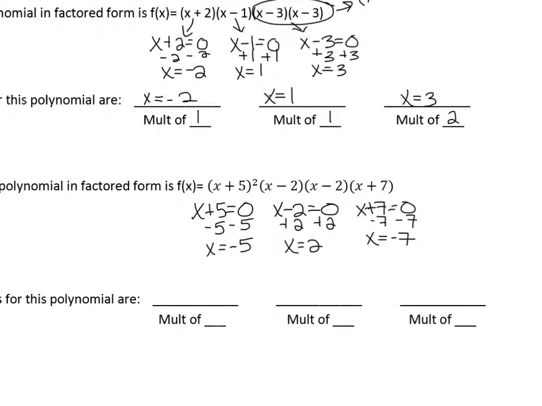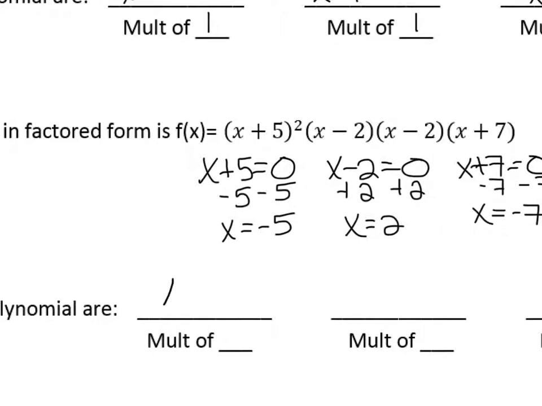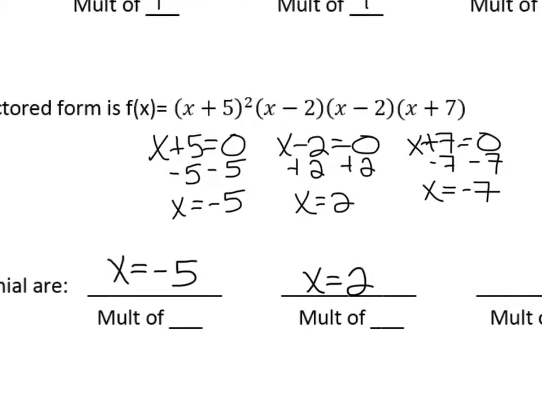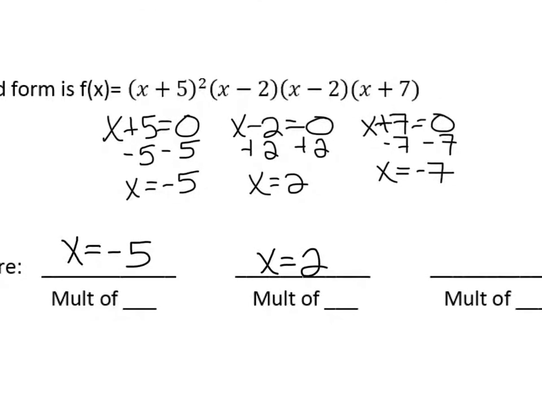So I'm going to fill them in here. X equals 2, and x equals negative 7. Well, negative 5 would appear 2 times because of that squared, so that means it has a multiplicity of 2.